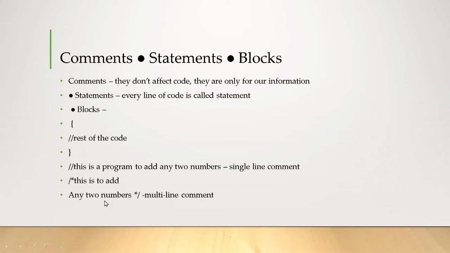And if you have multiple lines to be commented, you can use a multi-line comment, which is nothing but a slash, then an asterisk. Put down your words in multiple lines and then end it with an asterisk and then again a slash. So we have basically two types of comments: single line comments and multi-line comments. They don't affect our code. They sit only for our information.